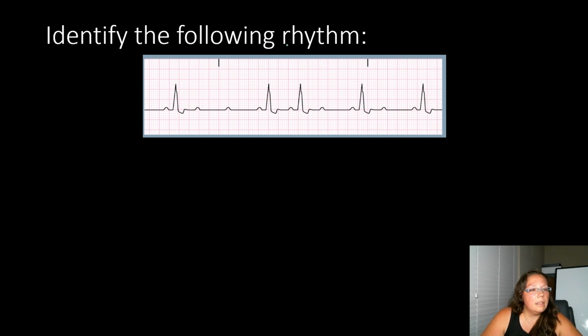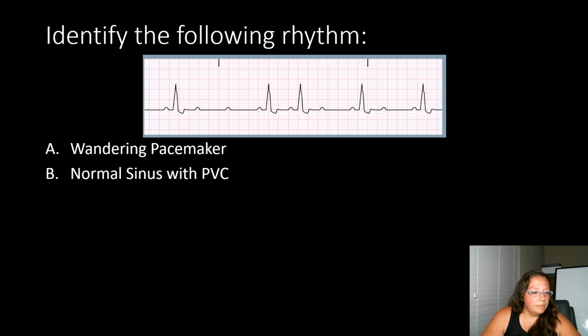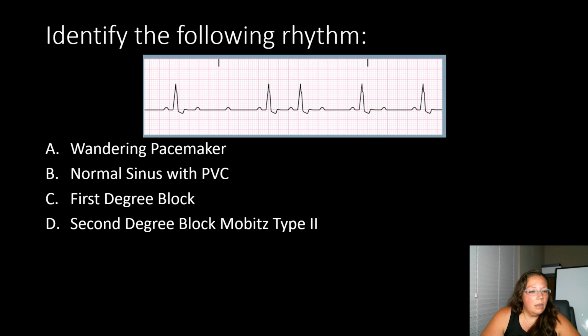All right, identify the following rhythm. Wandering pacemaker, normal sinus with PVC, first degree block, second degree Mobitz type 2. Okay, let's look at this rhythm.